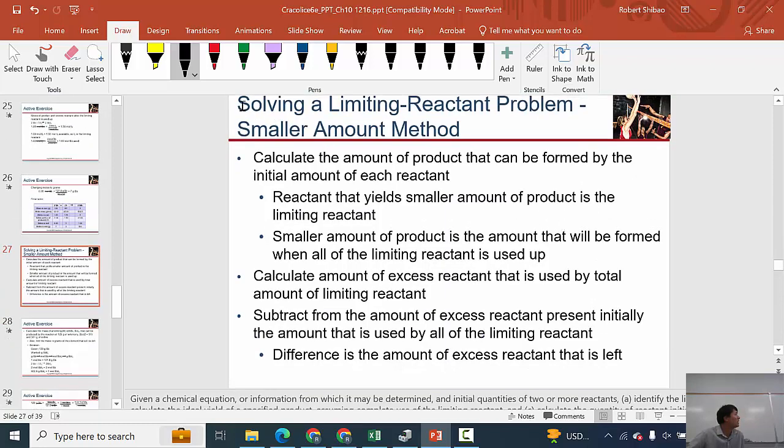I use this method here, so I'm going to skip the previous slides and go straight to this one. The smaller amount method, the smaller amount of product. Which one yields a smaller amount of product?